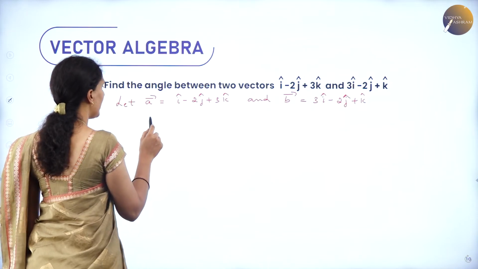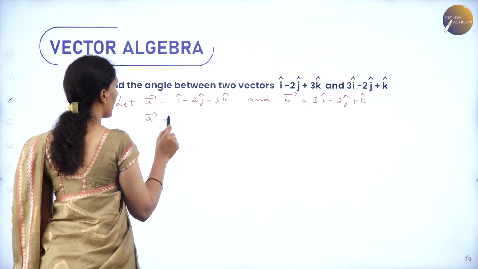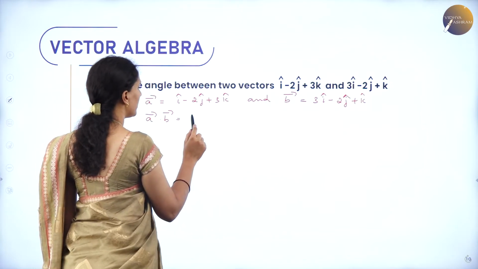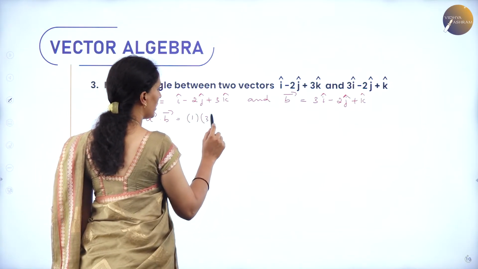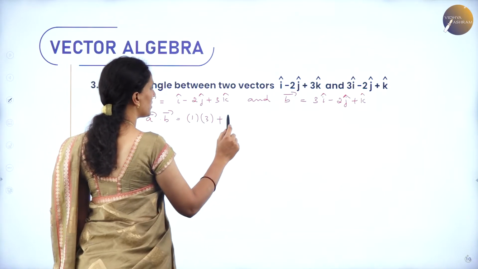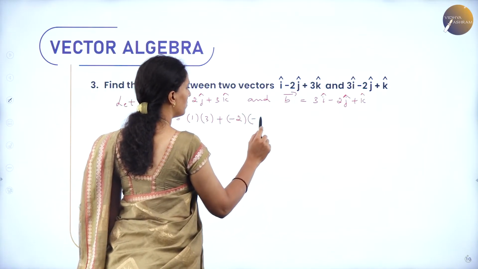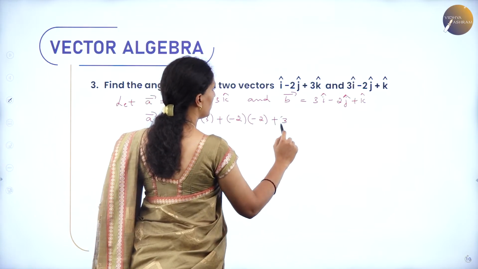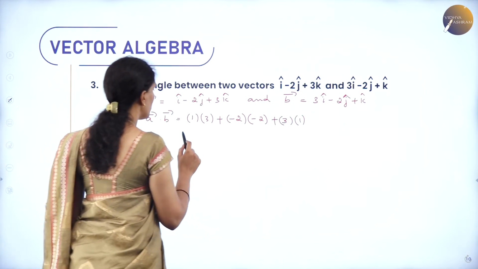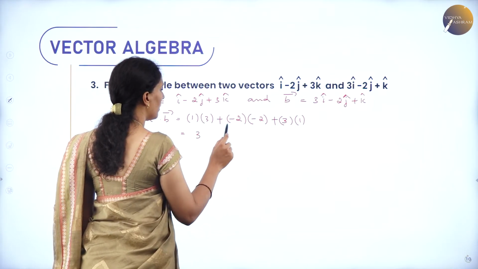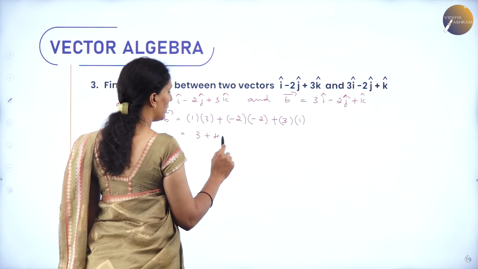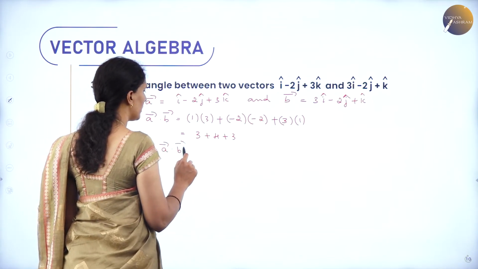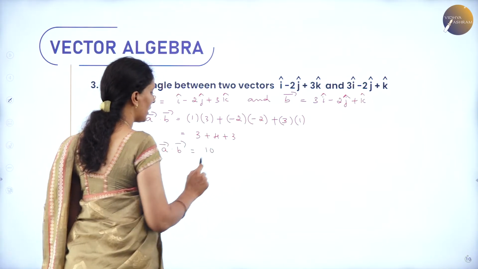Let me find A dot B first. A dot B is, here we have i component 1 into 3, plus j components minus 2 into minus 2, plus k components 3 into 1. So, we will get 3 plus 4 plus 3. So, therefore, A dot B is equal to 10.